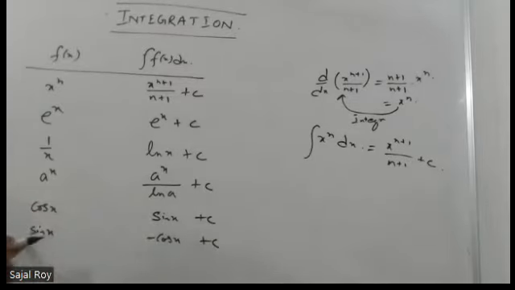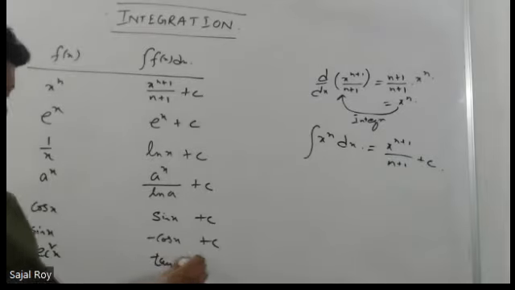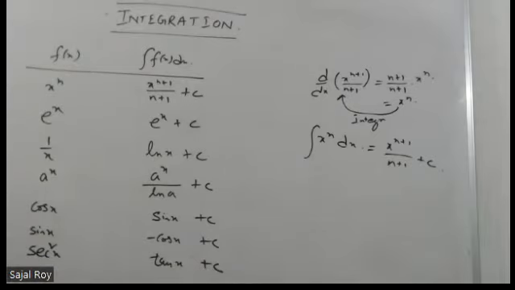The derivative of cos x will be minus sin x. sec square x, that is tan x plus c. Clear?